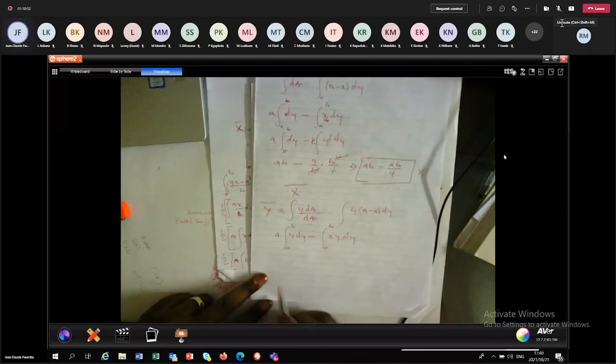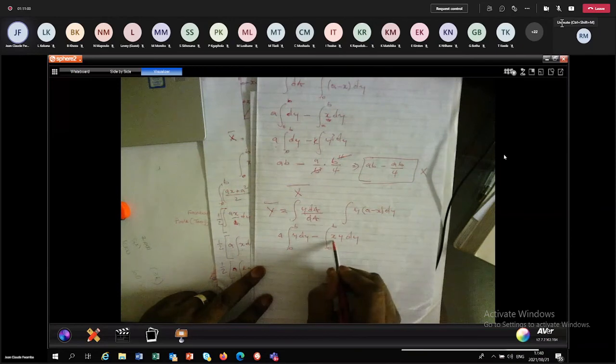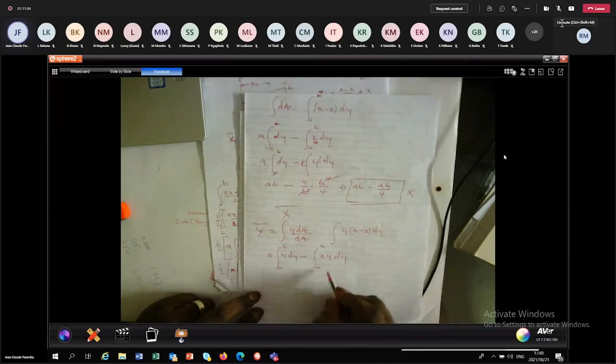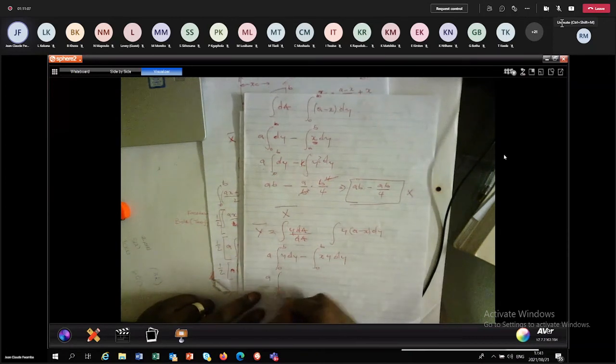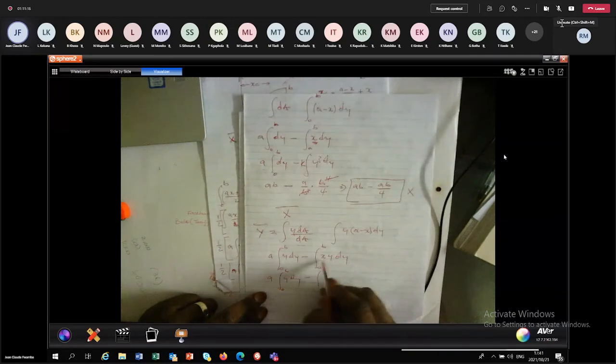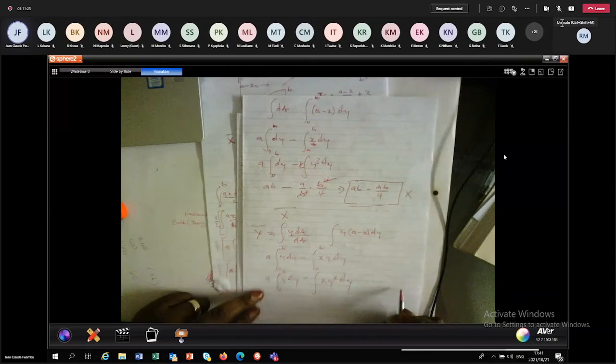Are we on the same page there? Now we need to do away with the x. What is x? We go back to your function. So it will be a times the integration of y dy between b and 0, minus the integration of x, which is k y cubed, so ky to the 4 dy, the second one.